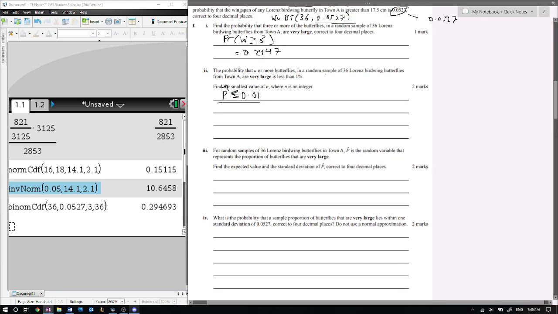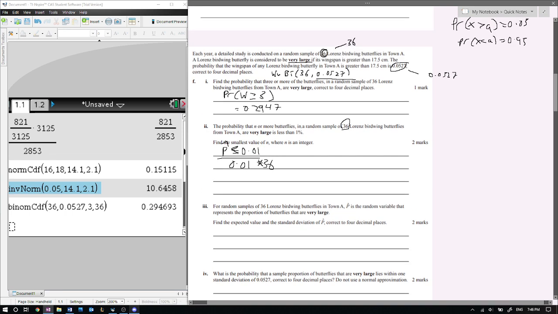What I mean by that is, because I have 36 butterflies, 1% of them, 0.01, you times by 36. Okay, so you want to times 36 by 0.01 to find the actual number of butterflies that you want. So we end up with 0.36 butterflies.